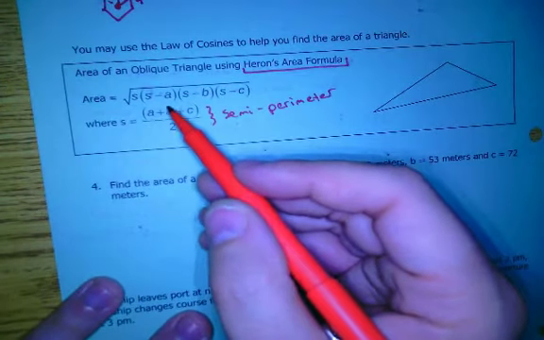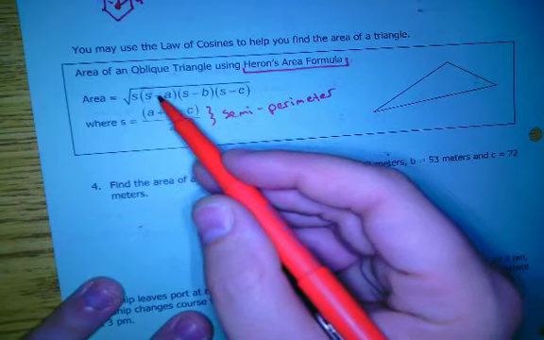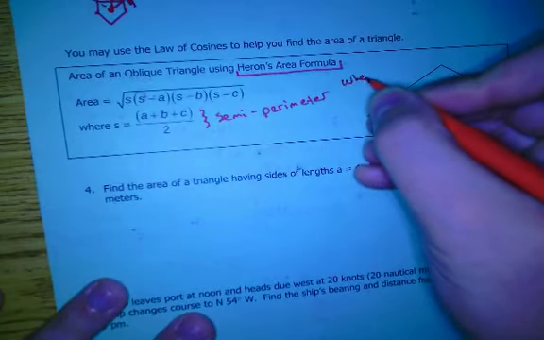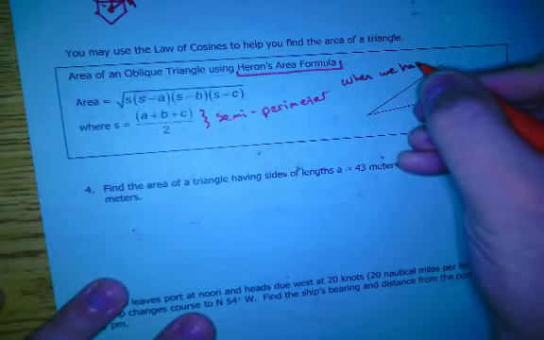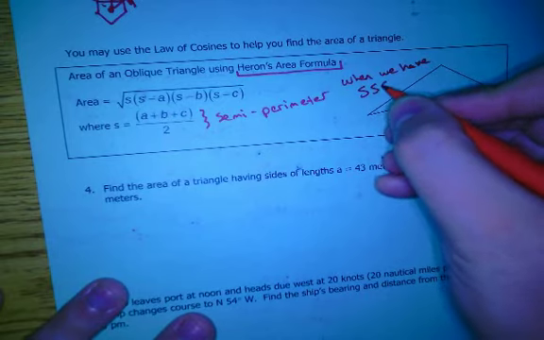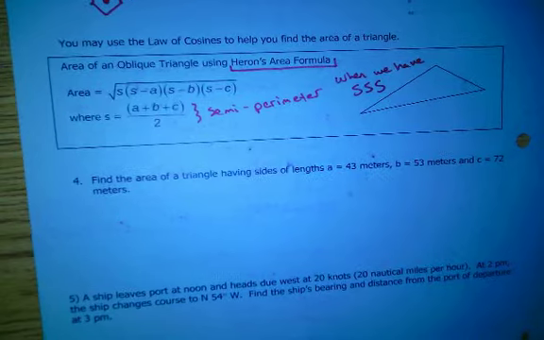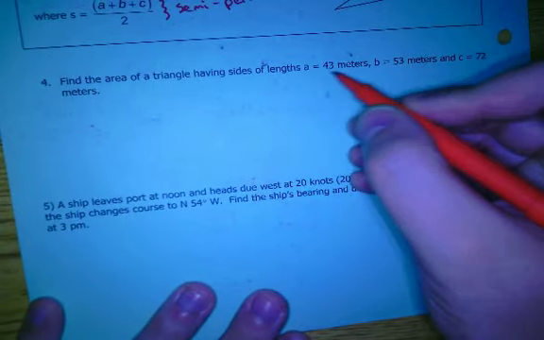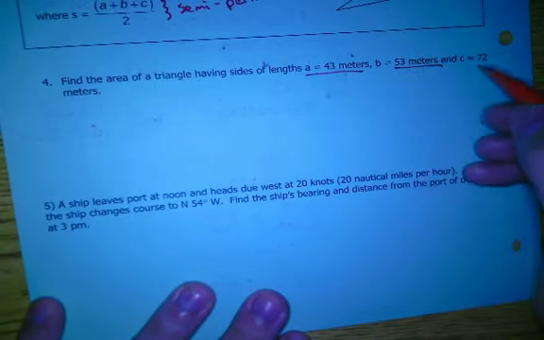So you find the semi-perimeter, and then you do that minus each side individually, and take the square root of that. This is when we have a side, side, side. So find the area of a triangle with these lengths right here. We got 43, 53, and 72.